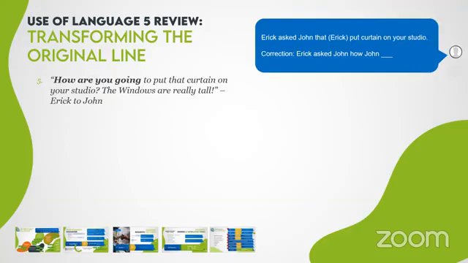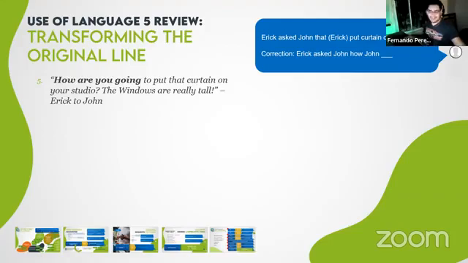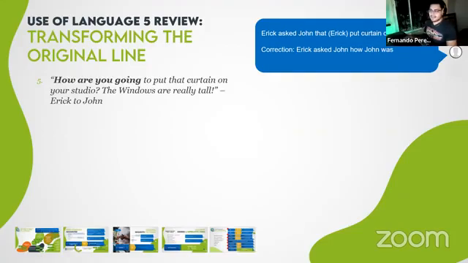In past. Was. Exactly. So how John was. Complement. You have the person John, verb was, and the complement is copy paste.